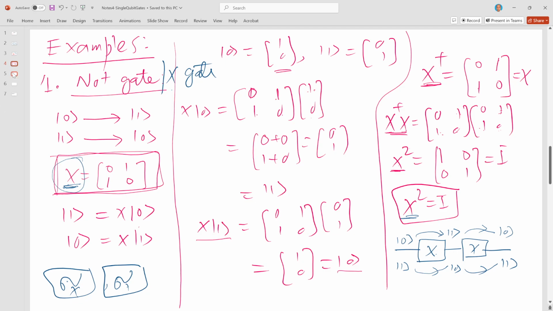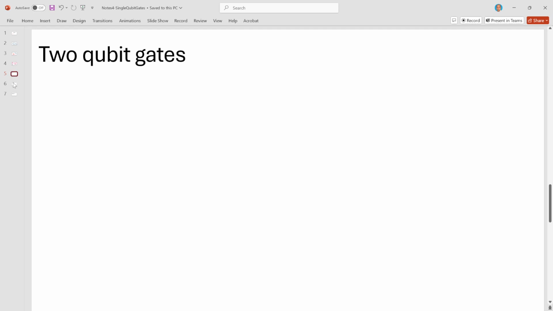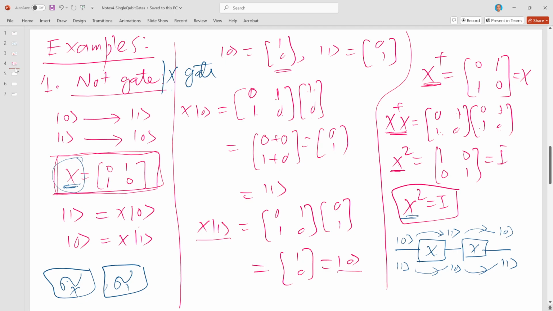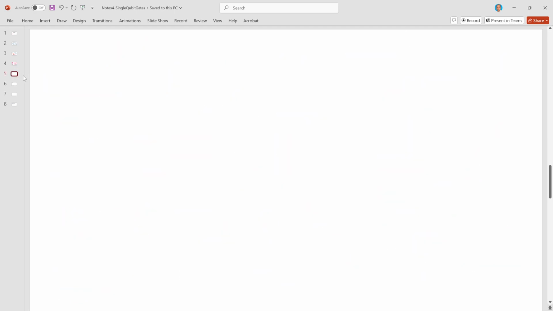Let's take another example. Let's take a Z gate. So instead of taking the Y gate next, let me take Z gate. Z gate is a gate that changes sign.